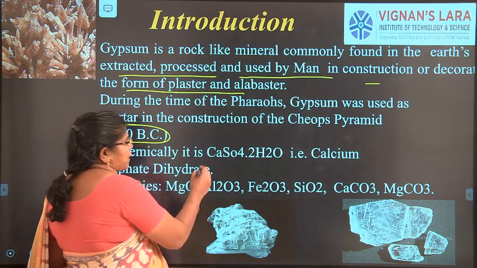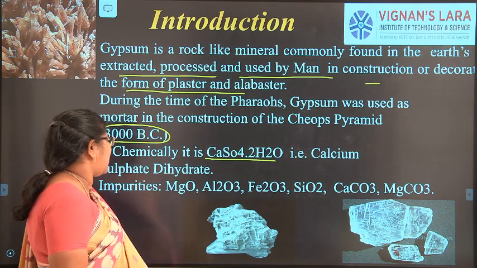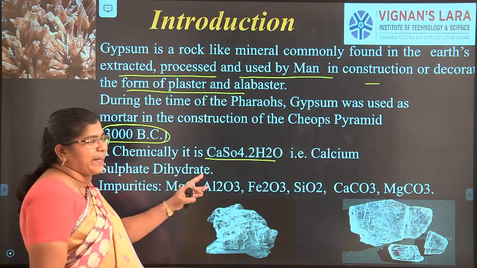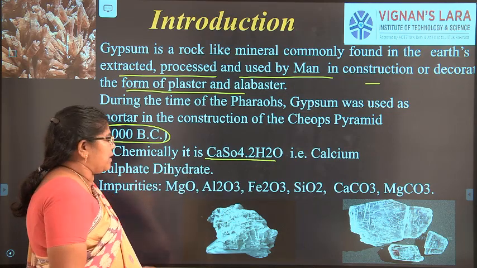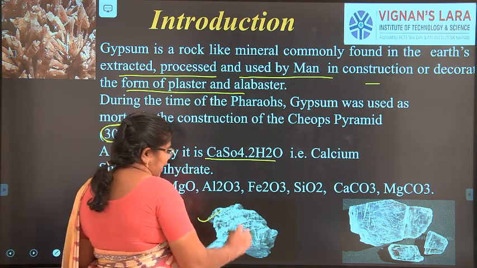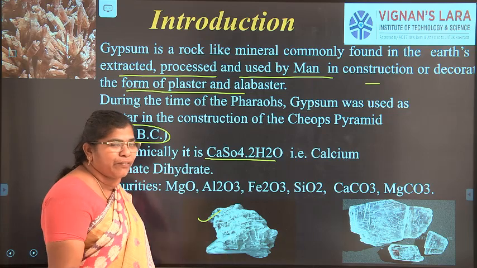And this is gypsum, hydrated calcium sulfate, or we call it as calcium sulfate dihydrate. We call it as the gypsum. So the gypsum is mainly pure white in color, and there may be some gypsum with different colors.